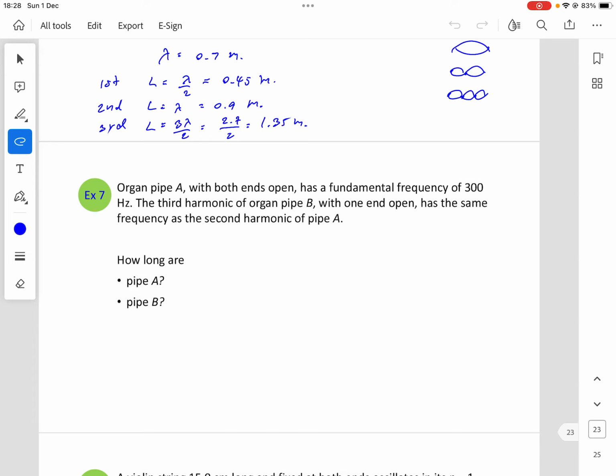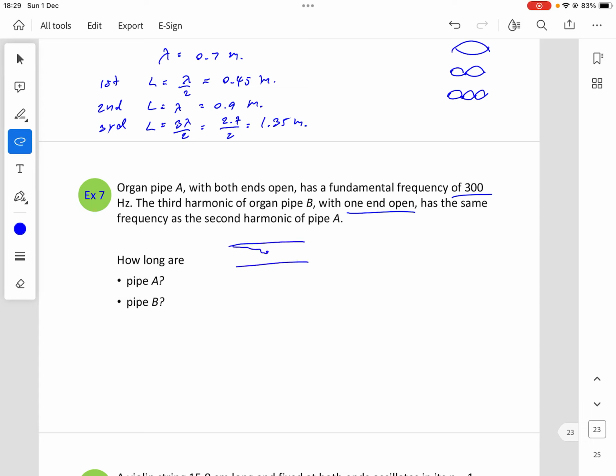Organ pipe A with both ends open has a fundamental frequency of 300 Hz. The third harmonic of organ pipe B with one end open has the same frequency as the second harmonic of pipe A. So this pipe A is both ends open, and the fundamental frequency of this case looks like this.